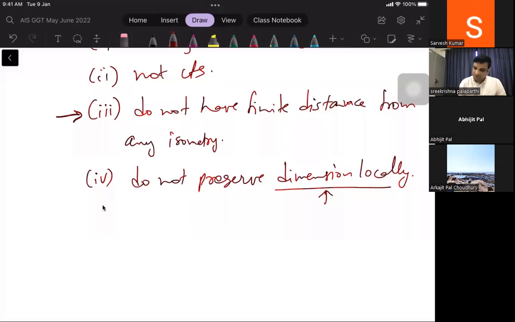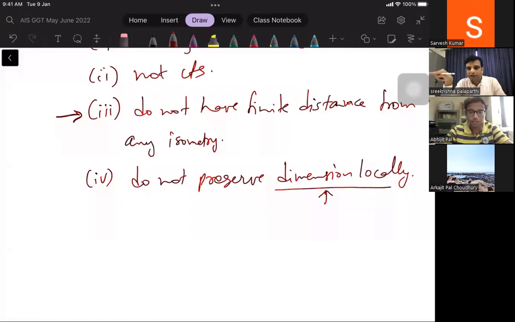Yes, for example, if I take a strip, R cross a unit open interval, it is quasi-isometric to a line, quasi-isometric to R. The dimension is different. I got the point.